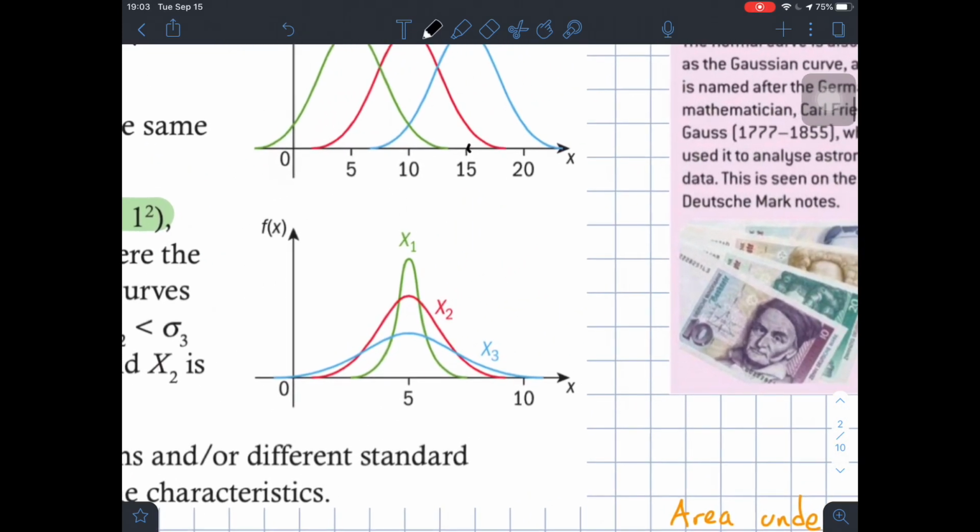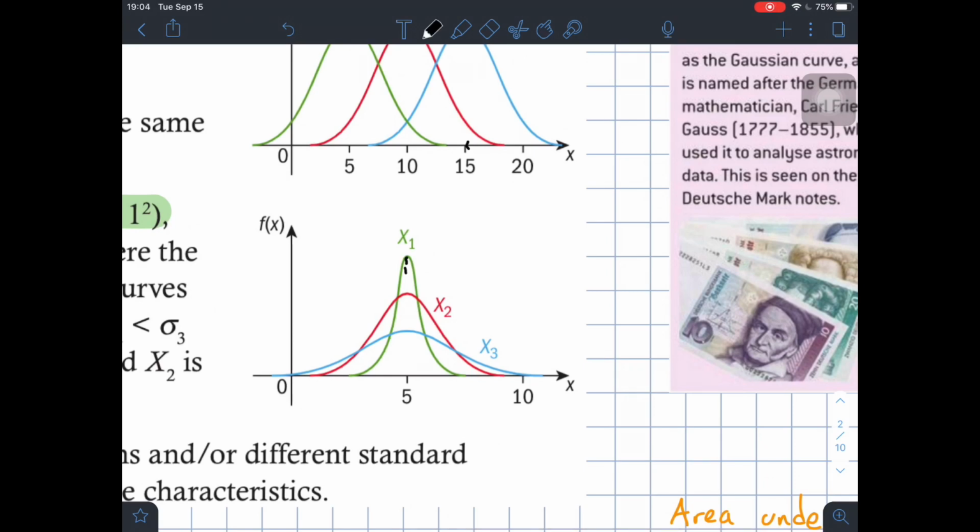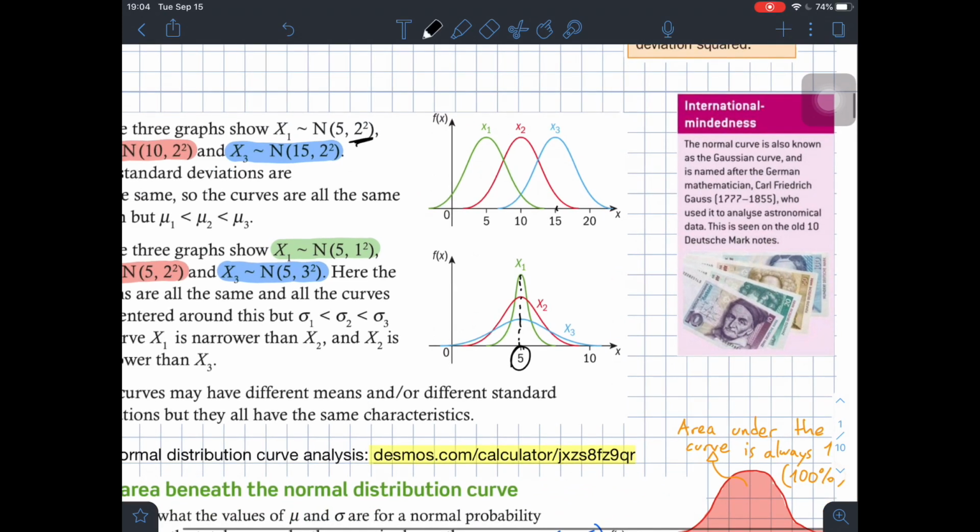So take a look at this. You see that all of them have the same center. They all share the same mean, which is 5 in this case. But we see that the green curve is narrower than the red one, which is again narrower than the blue one, right? Why does that occur? The smaller the standard deviation, the narrower the curve will be. Why? Because there will be less spread of the information.